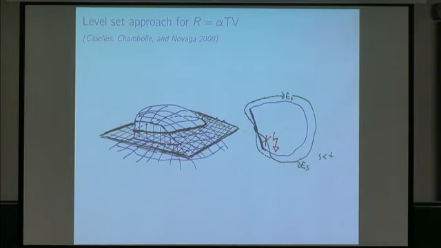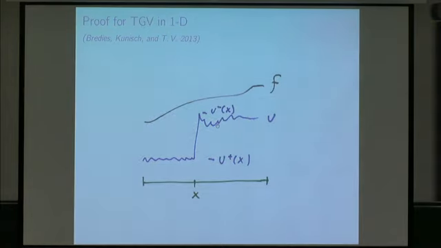It turns out that if there would be a jump, so there would be a point where basically the level sets agree, then the lower level set would have to be inside the upper level set at some point, and that's a contradiction. You obtain that through some regularity properties of PDEs and minimal surfaces. It's quite a nice proof. But how to do this for TGV?